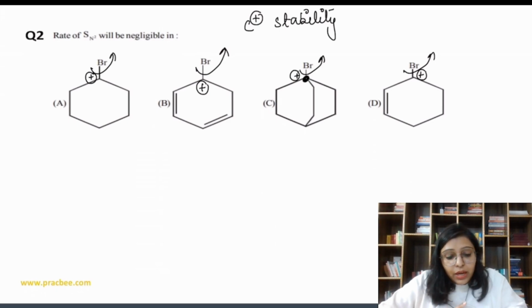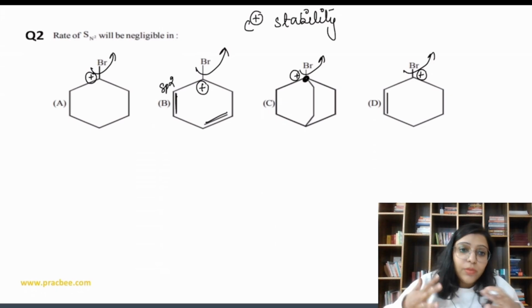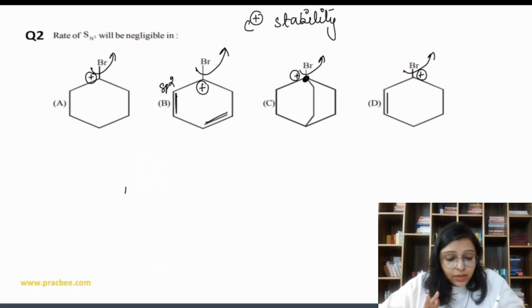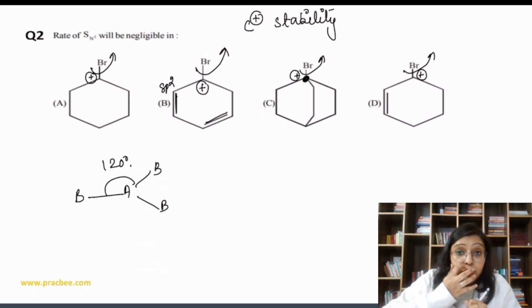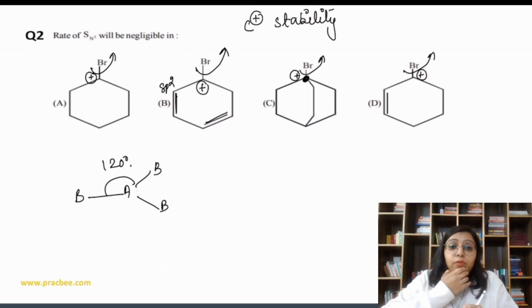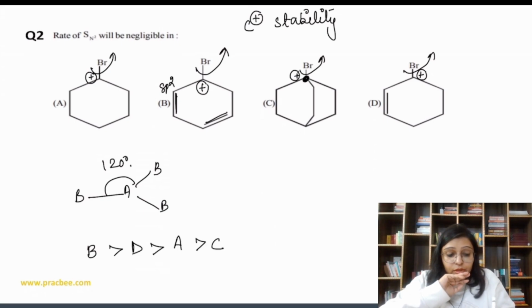Now if you see over here, we have two double bonds, sp2 hybrid carbon. So sp2 hybrid means trigonal planar, and if trigonal planar, steric hindrance is going to be less because the angle is going to be 120 degrees. Understood? Are you getting this point? So the least steric hindrance is going to be in B. Then we have D, then A, and then C, because in C we have a bridgehead.